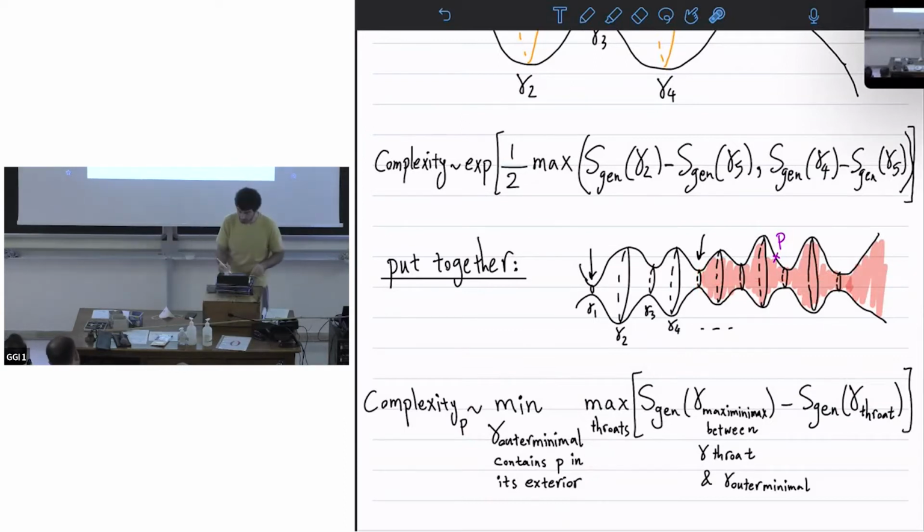And within each outer minimal wedge, like the one I've shown in red here, the procedure is you look at all throats, you do maximin between the throat and the outer minimal quantum extremal surface, you find the appropriate bulge, you maximize over the throat, and like I said at the beginning, you minimize over the outer minimal quantum extremal surface. Okay, so this is a formula I can write down for the most general space-like separated case.